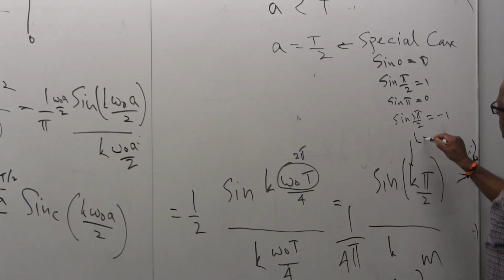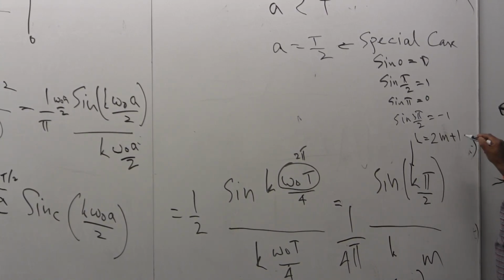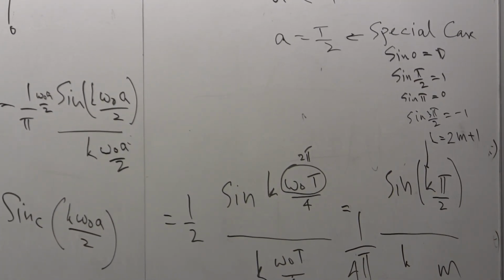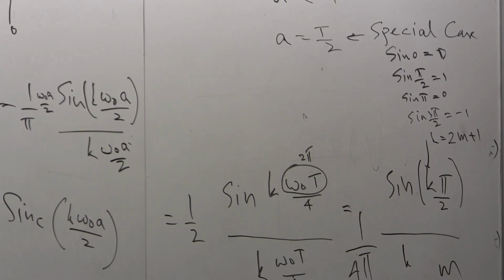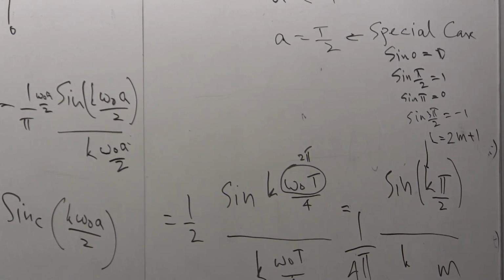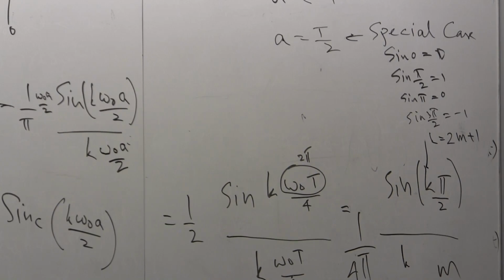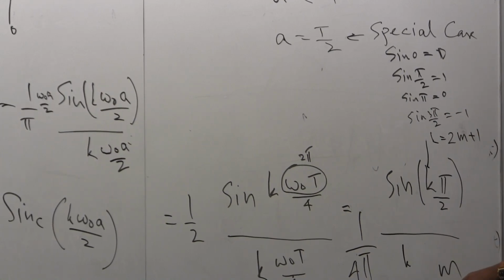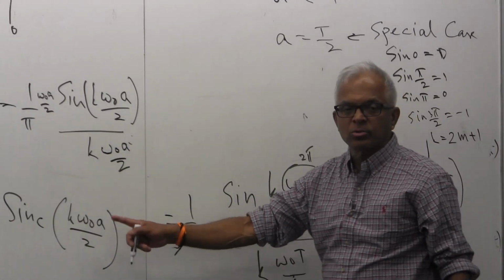If I put this to be an odd number, 2m plus 1, then you figure out it's actually of the form minus 1 to the power m. If m is 0, k is 1, you get 1. So you get this special simplification, but at least you should bring it to this form.